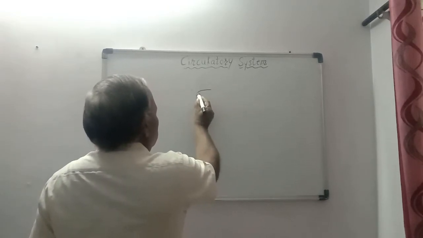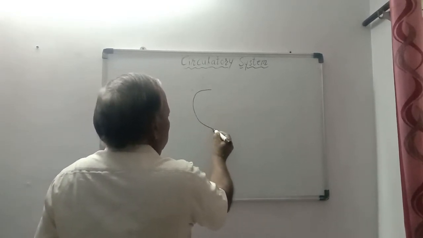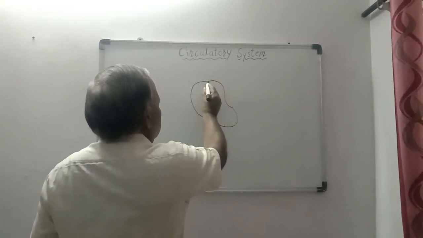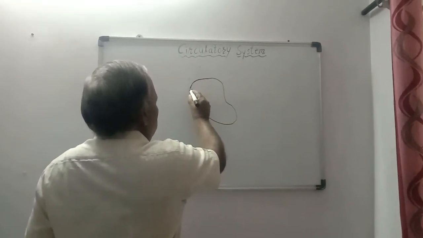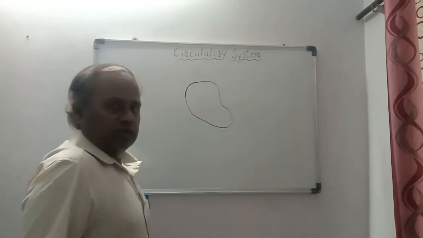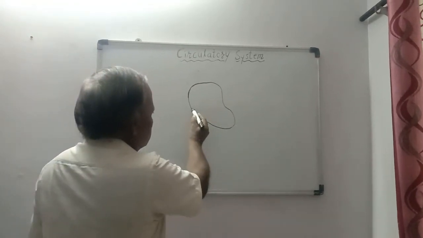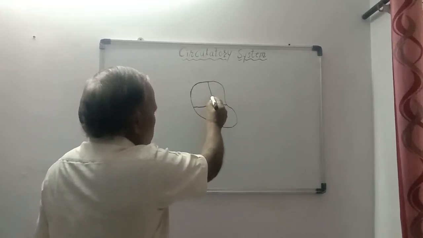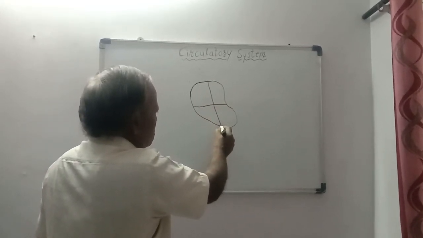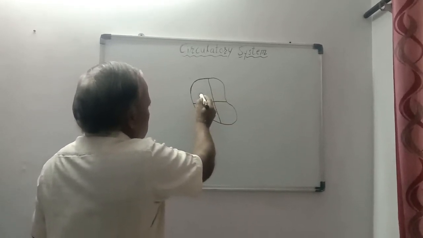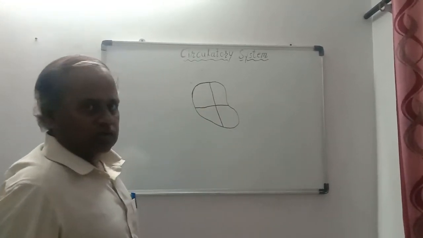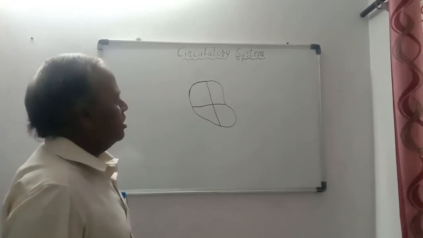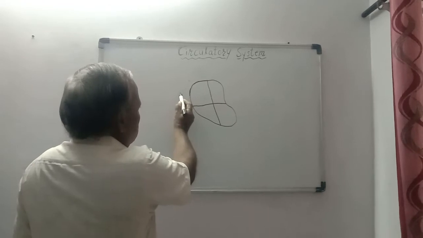Now this is the diagrammatic representation of the heart. The heart consists of four chambers. These upper two chambers are called auricles and these lower two chambers are called ventricles.